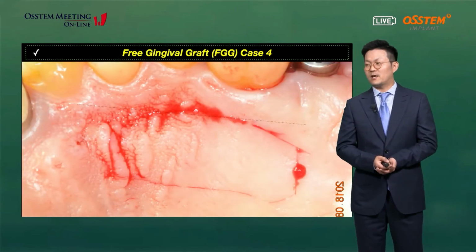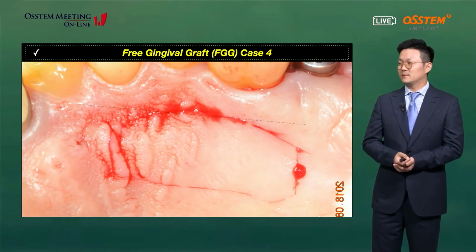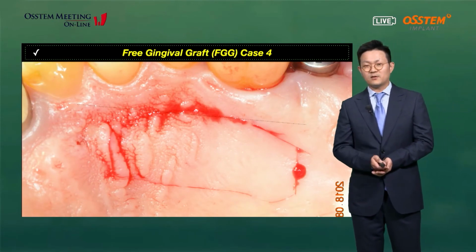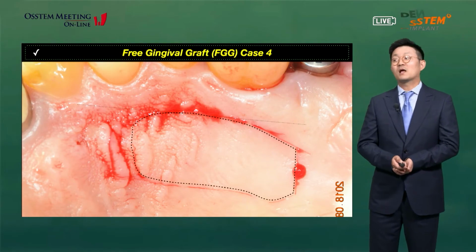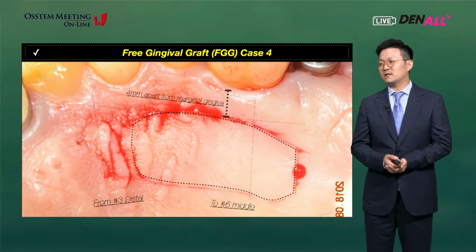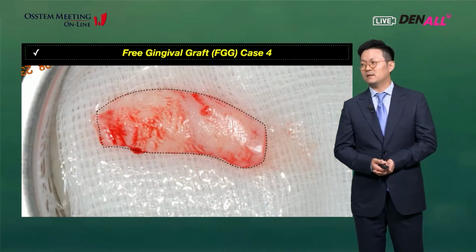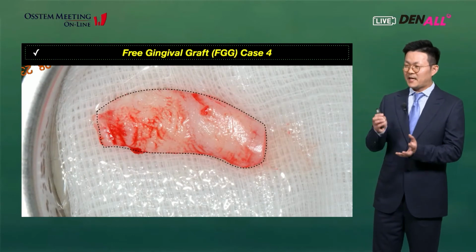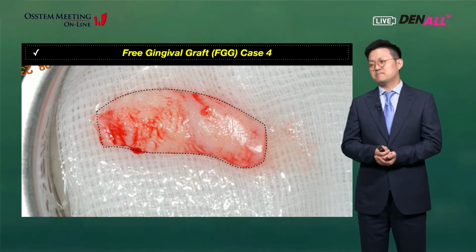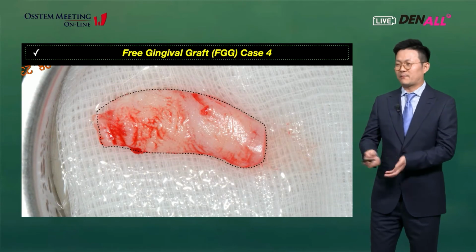And we can get this kind of incision line. Following this incision line, I made the harvesting, and we can get this kind of same size and same shape of the graft tissue.